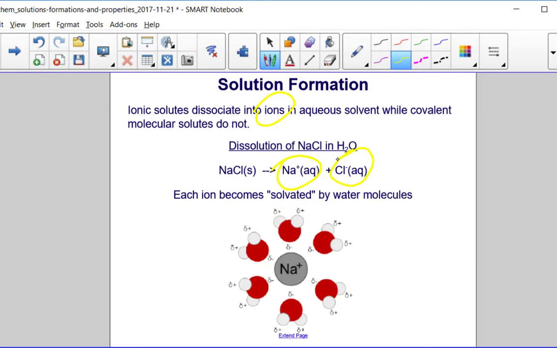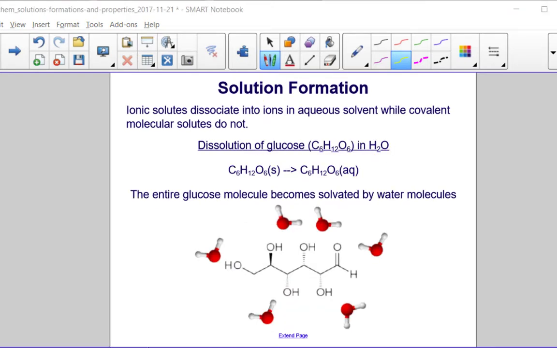Each ion becomes solvated, or surrounded by water molecules. So remember that for a water molecule, the oxygen is partially negative due to the polarity of the molecule, and that partial negative is attracted to this big positive sodium, solvating it.